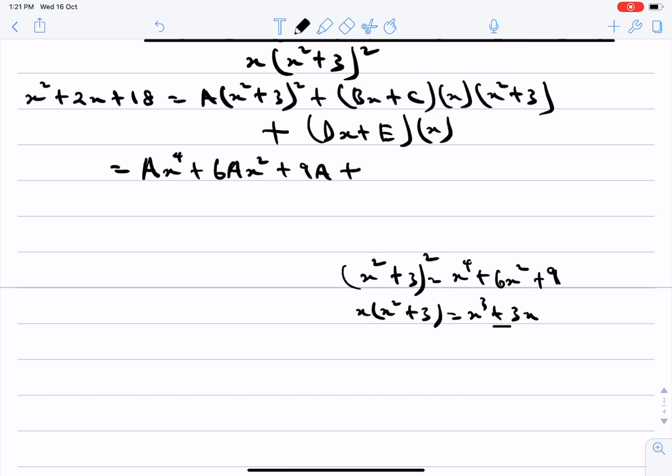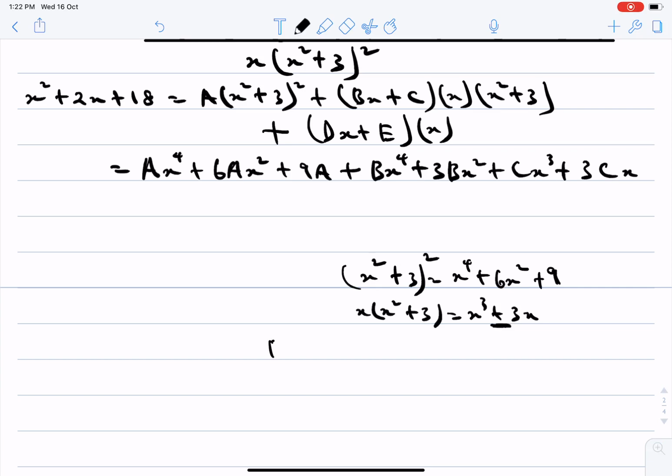Now I want to multiply this by bx plus c, which means bx raised to the power 4 plus 3bx squared plus cx cubed plus 3cx.